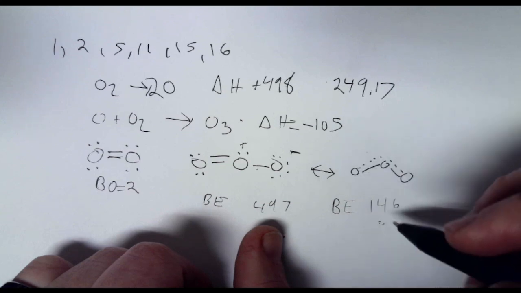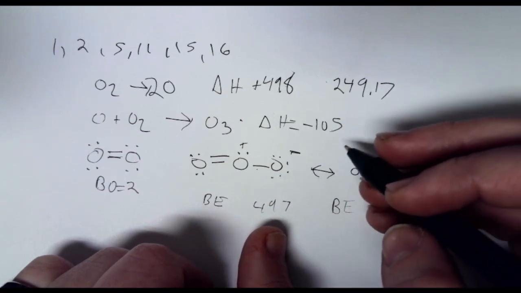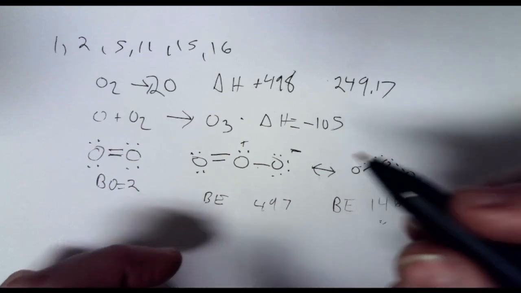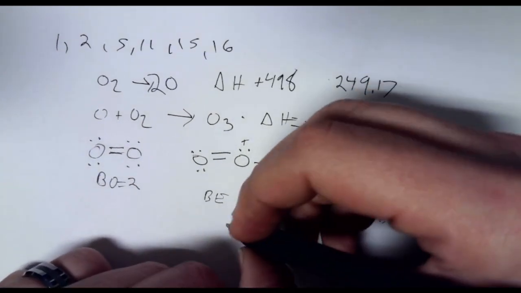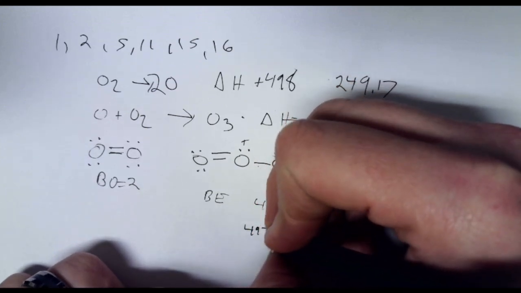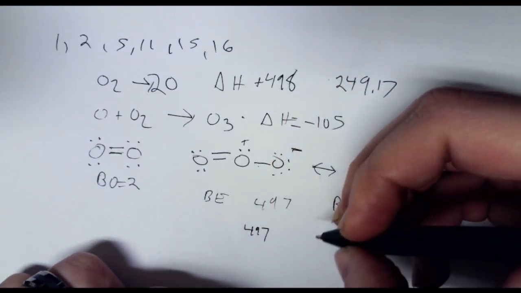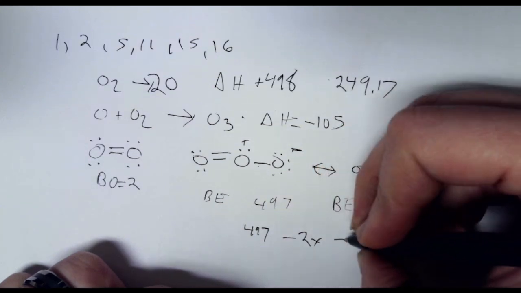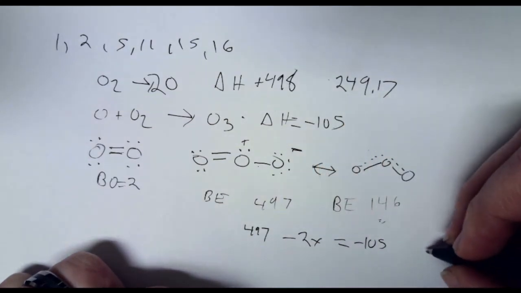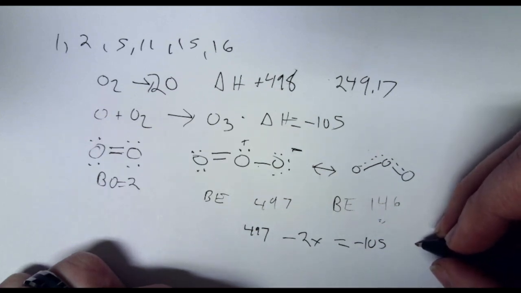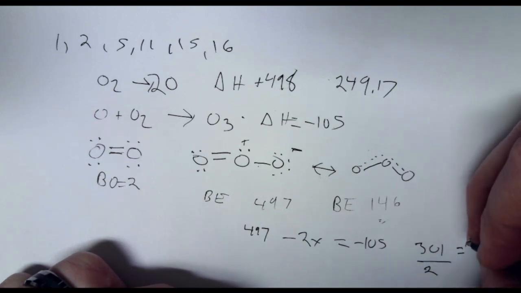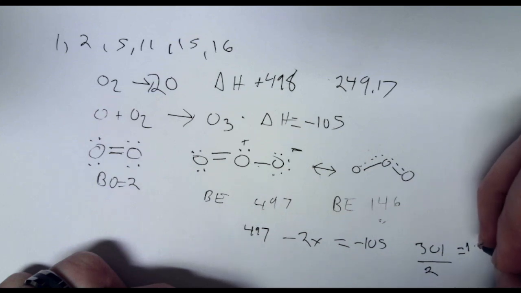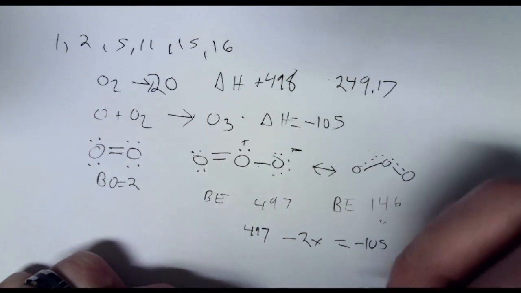What this means is it's not just a single bond that we're adding, it's a partial bond essentially. You would expect the enthalpy of formation to be something like 497 minus 2x to give us negative 105. What you would expect, well, x to be 301. And the average of 301, if we split that in half, is something like 150 essentially.